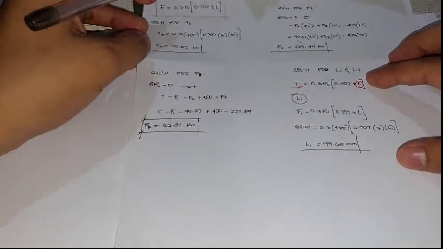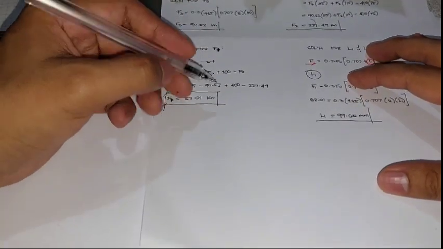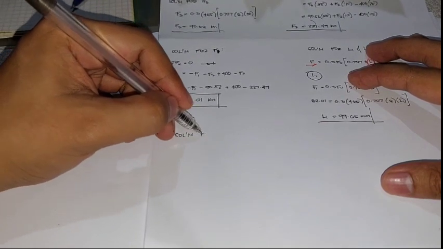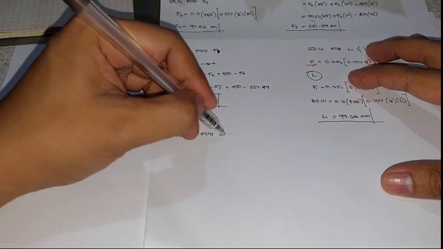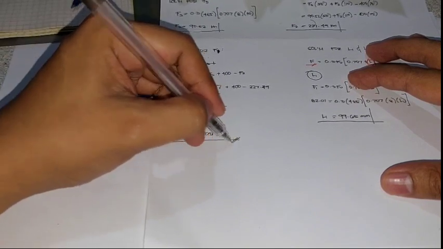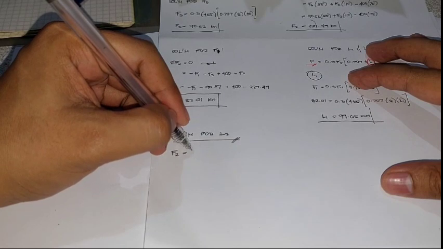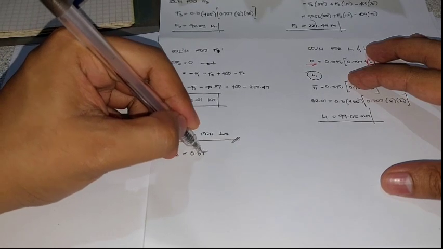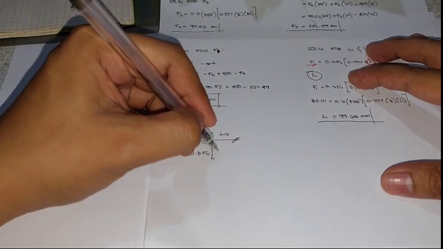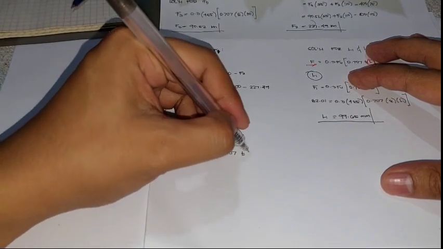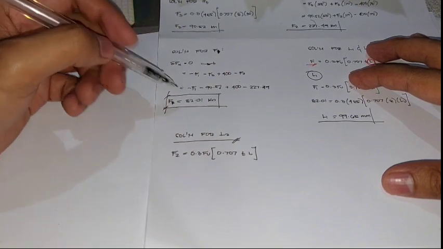Next is L2. For L2, the formula is F2 equals 0.3 FU times 0.707 times thickness times length. Memorize the formula.